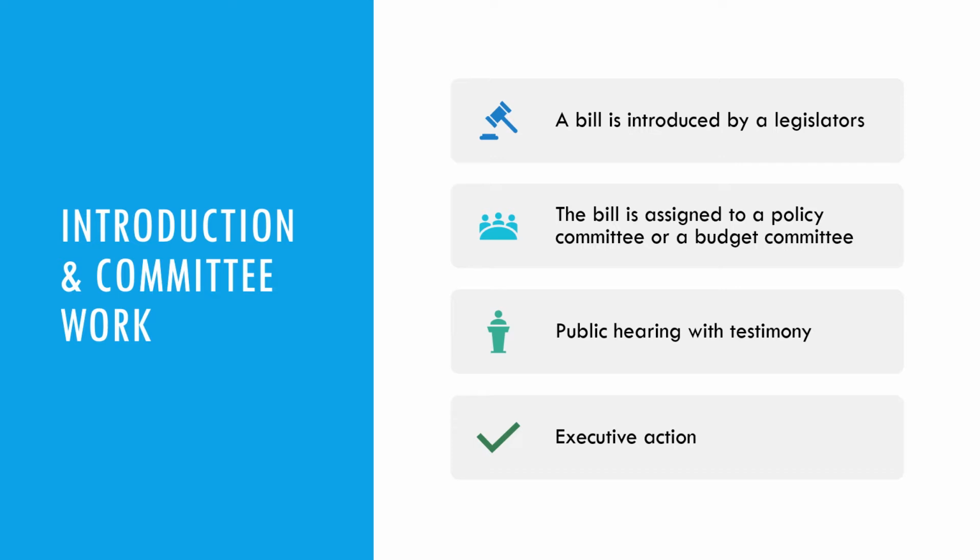A bill that strikes all the underlying language of a bill and replaces it with new bill language is called a striking amendment. Usually this is reserved when many changes are proposed to the original bill. A vote is then called for and tallied publicly. A majority of the committee members is needed to advance the bill to the next step.